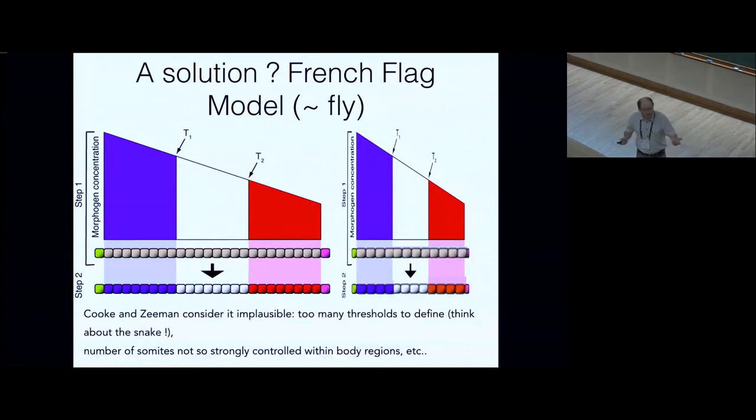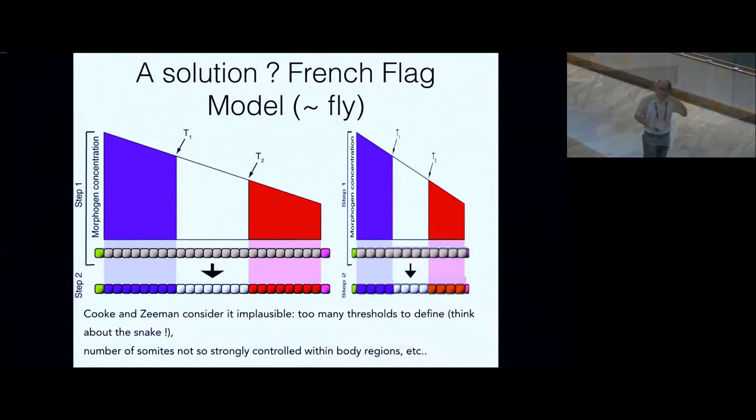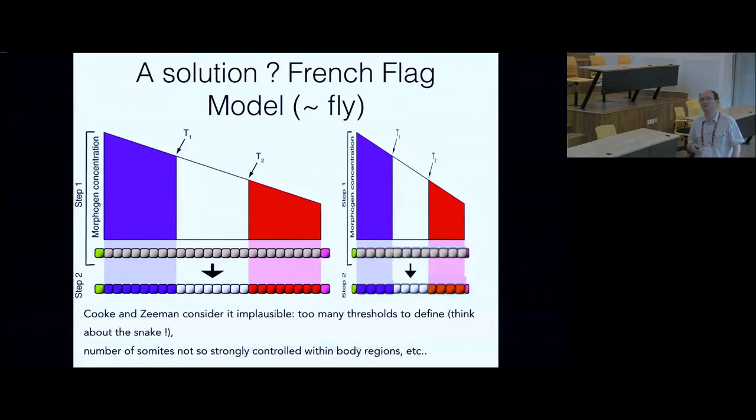That's okay, but now think about the snake. In the snake, you have 300 segments. So it means that you need to define 300 thresholds of concentration in your body. That sounds like a bit too much. Imagine a signal that can define 300 different thresholds to define the fate of the cells.